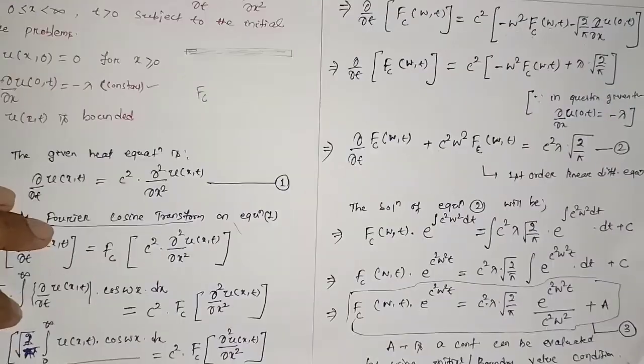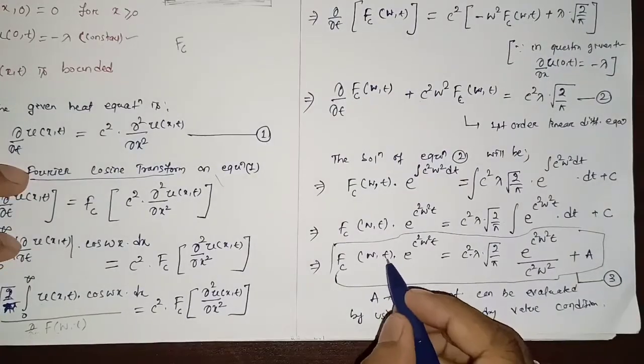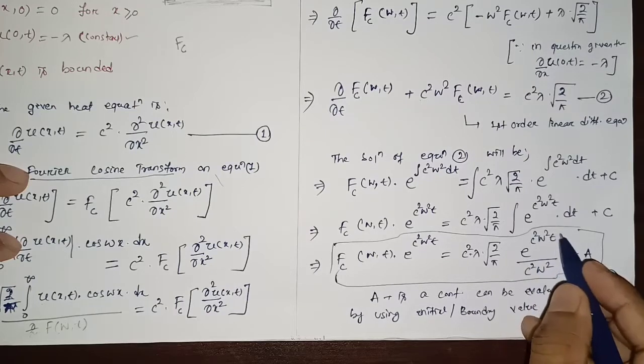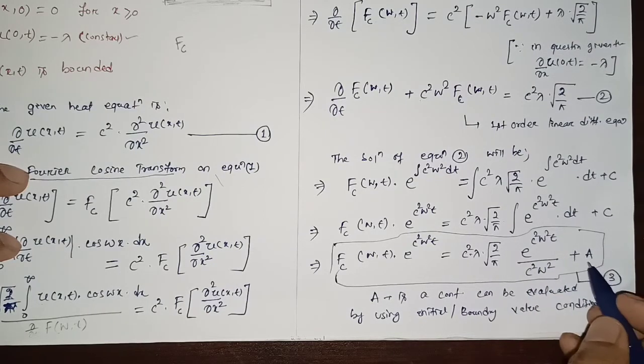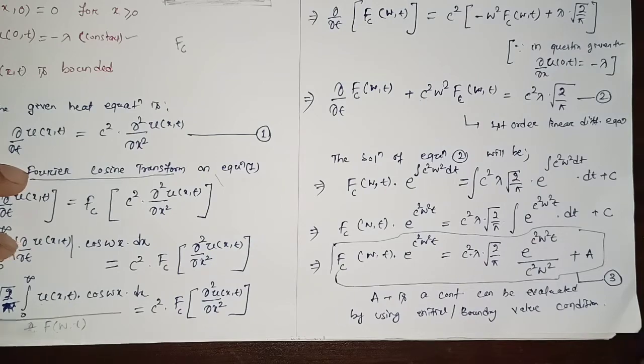Now consider equation number 3 at t equal to 0. At t equal to 0, e to the power 0 means 1, and here e to the power 0 means 1, plus a. And here you can see c² can be cancelled out.